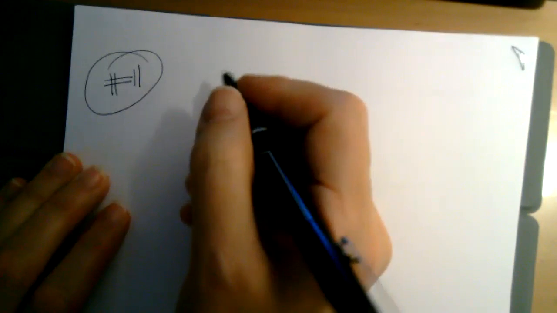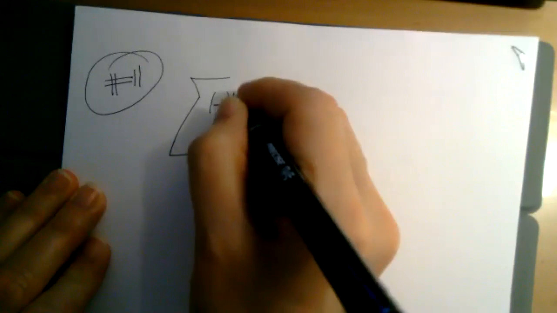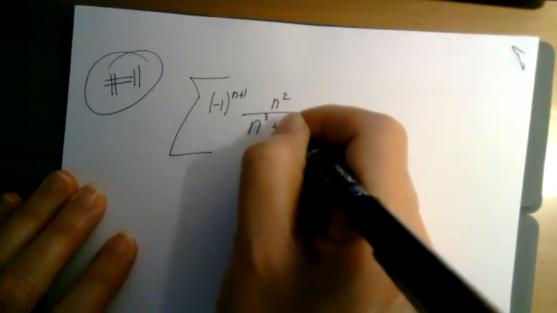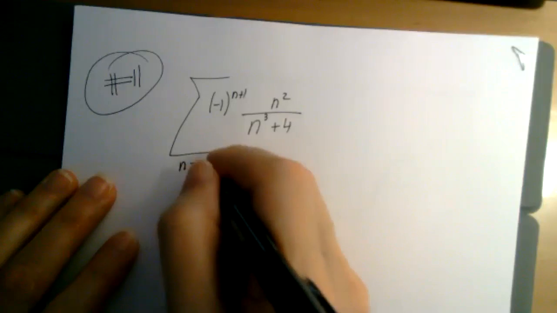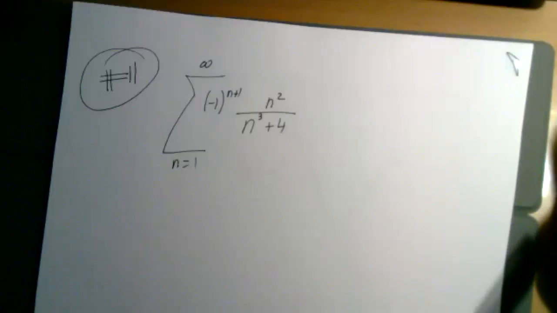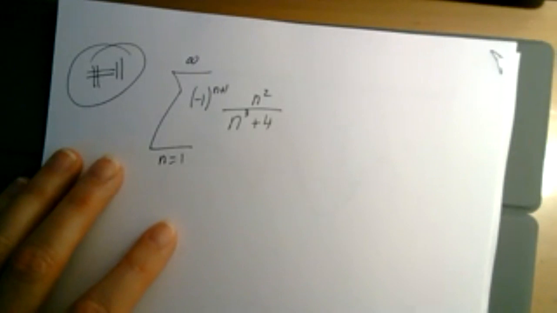So let's look at number 11. I have the following: the sum from n equals 1 to infinity of (-1)^(n+1) times n^2 over (n^3 + 4). Correct. First, I would like to make sure that I am dealing with an alternating series.